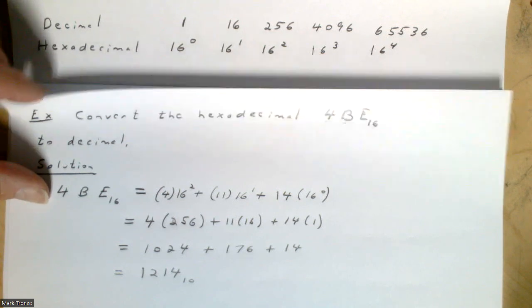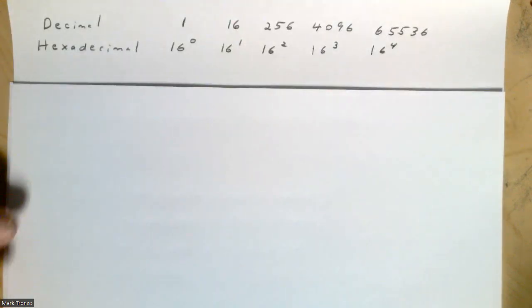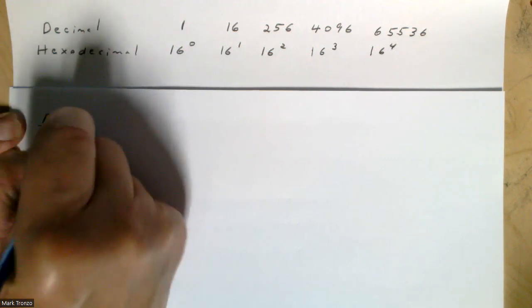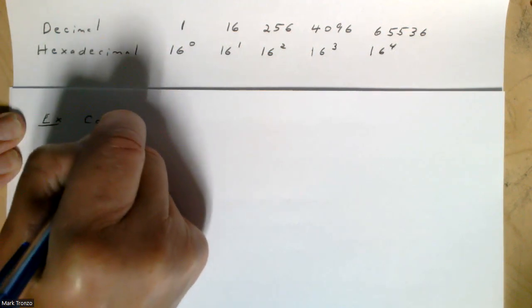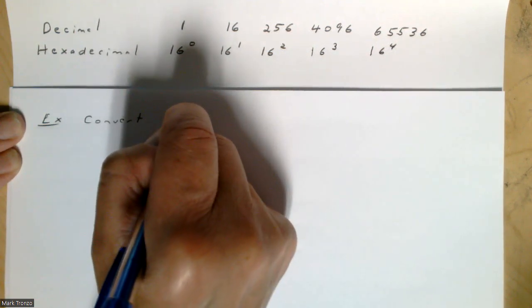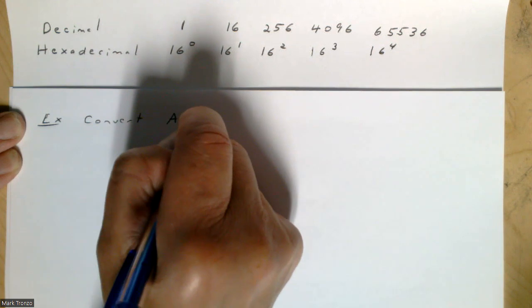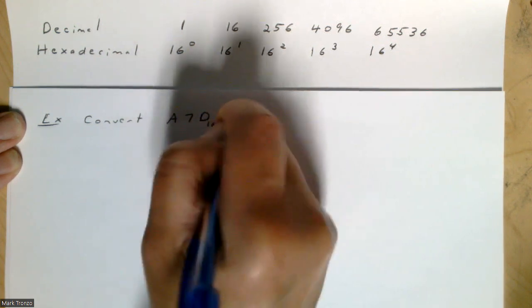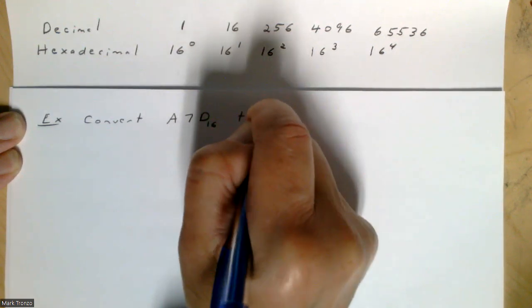And again, let me do just one more very quickly. Convert the hexadecimal number A7D to decimal.